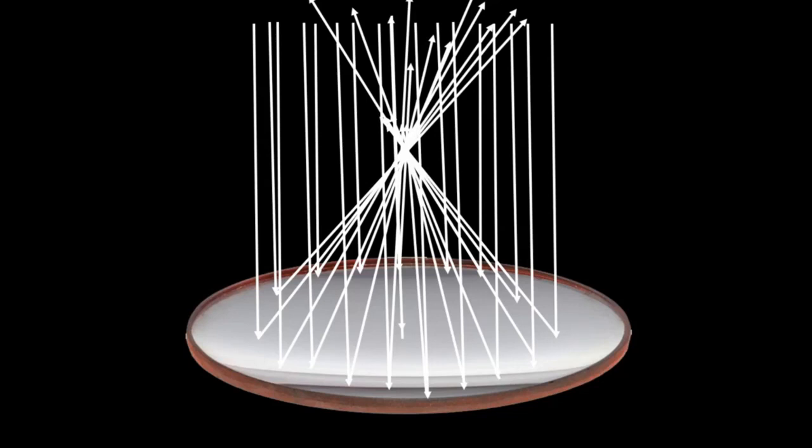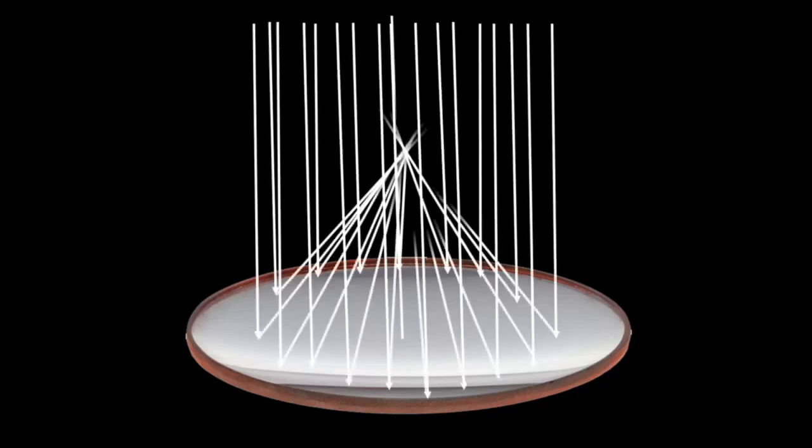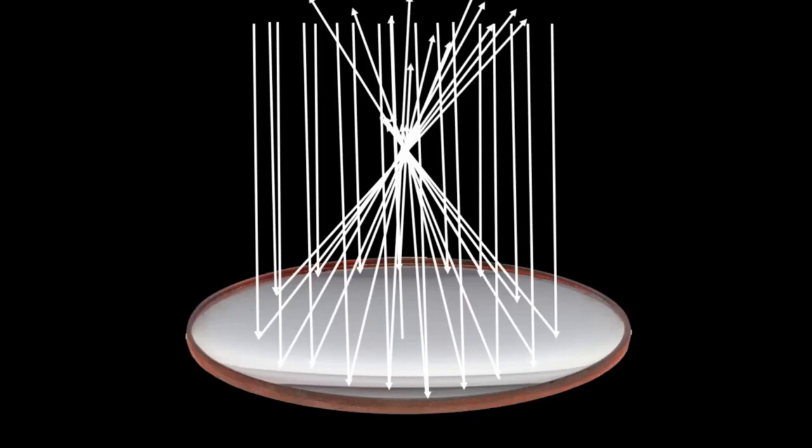But remember, a light ray which falls on the mirror in the center will reflect back in the opposite direction along the same line, right? And all the other light rays will bend, or we can say converge.